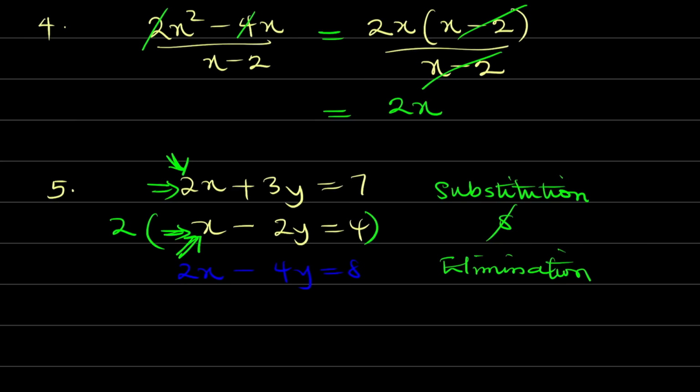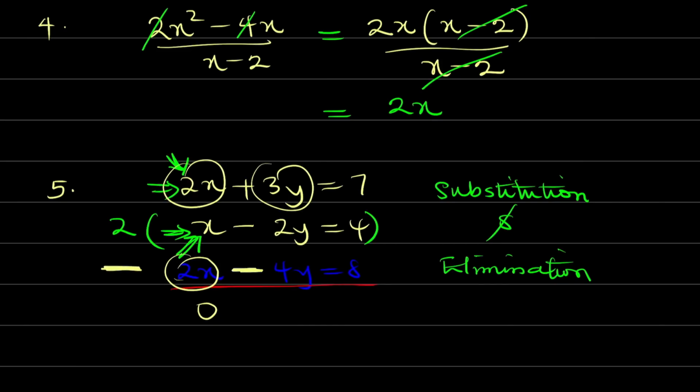So if I subtract equation 2 from equation 1, this simply gives me 2x minus 2x here is 0. Then I have 3y minus minus 4y, so that's plus 7y is equal to 7 minus 8, which is simply minus 1.